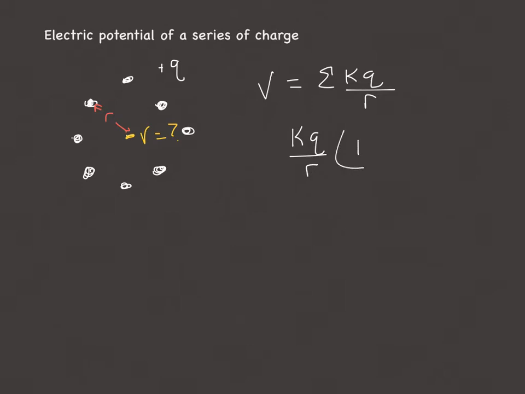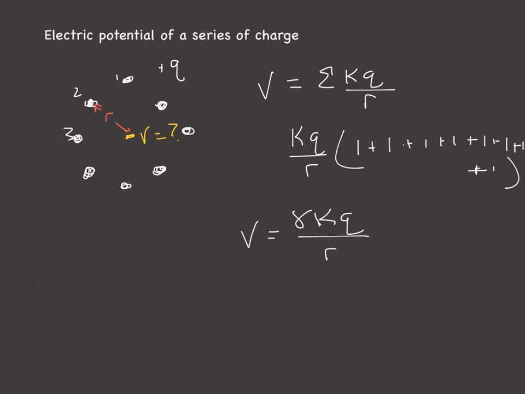So 1 q for charge 1, 1 q for charge 2, plus 1 q for charge 3. I'm sure you get the deal. 4, 5, 6, 7, 8. And with all the charges, you can see that we get a total electric potential of 8 kq over r.